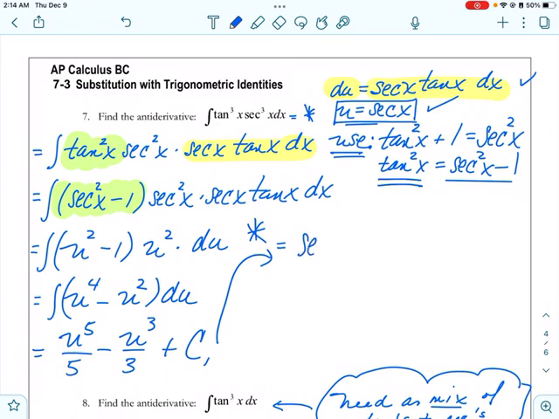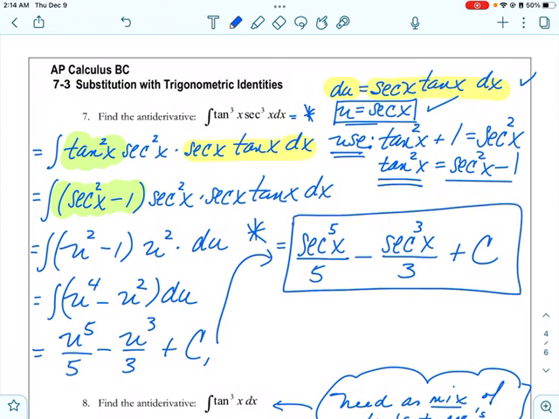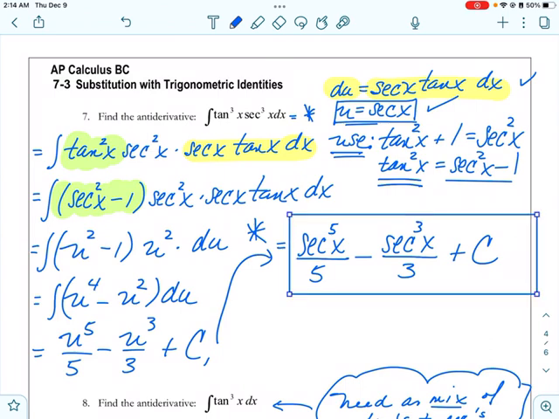So I have secant to the fifth power over 5 minus secant to the third power over 3, and that would be plus the arbitrary constant c. And here's my antiderivative. Okay, see how that works for you?